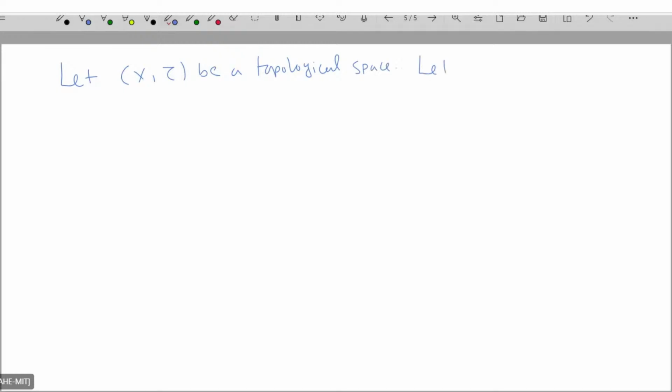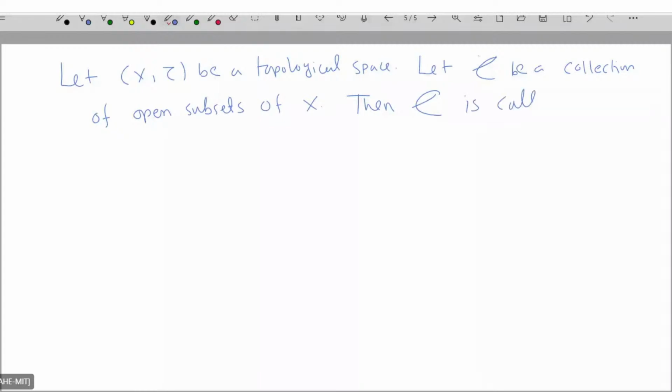Let C be a collection of open subsets of X, then C is called a pi base, or pseudo base is also called pseudo base.